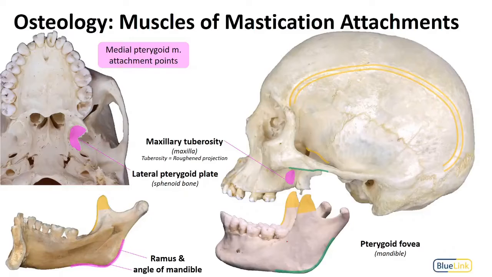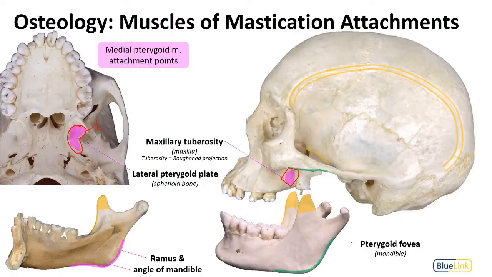We find that it attaches superiorly here to the pterygoid plate found here. So this is the lateral pterygoid plate, and we see that the medial pterygoid muscle is attaching to the medial surface of that plate. Now, similarly, in that region, we find the posterior aspect of the maxilla here is called the maxillary tuberosity.